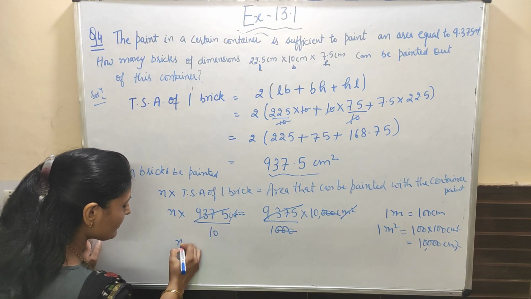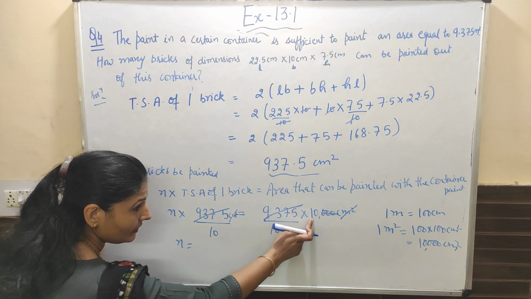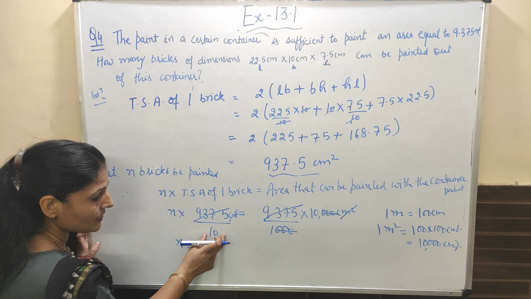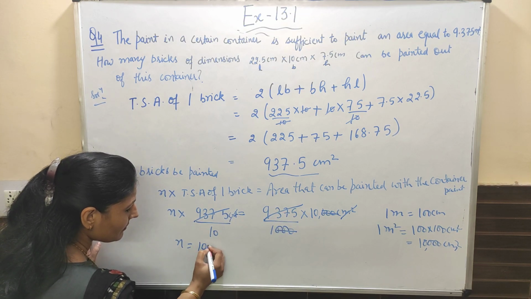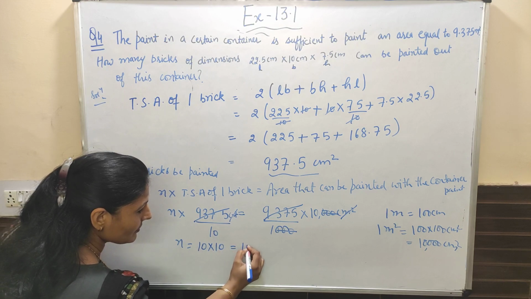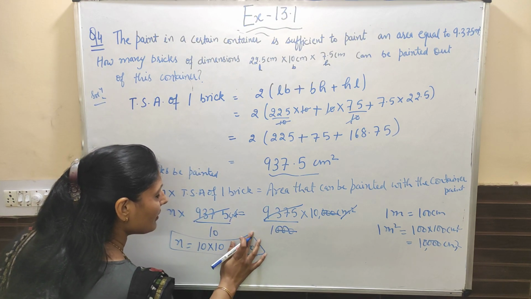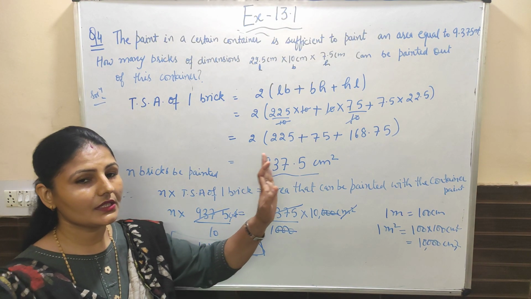What we have got here is 10 in the numerator and 10 in the denominator. Multiply this 10 with this 10, which is equal to 100. It means 100 bricks can be painted with this paint.